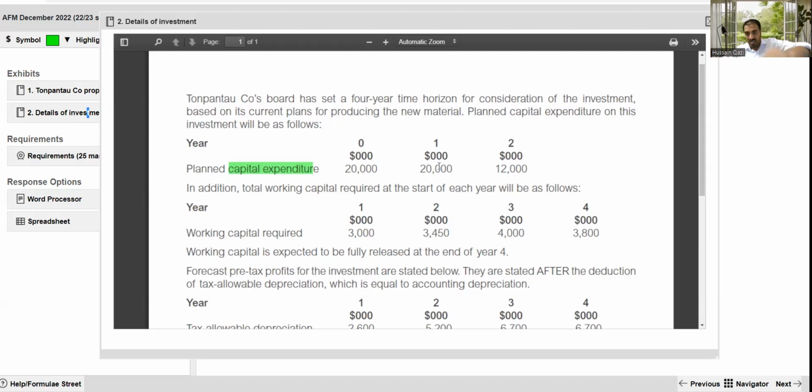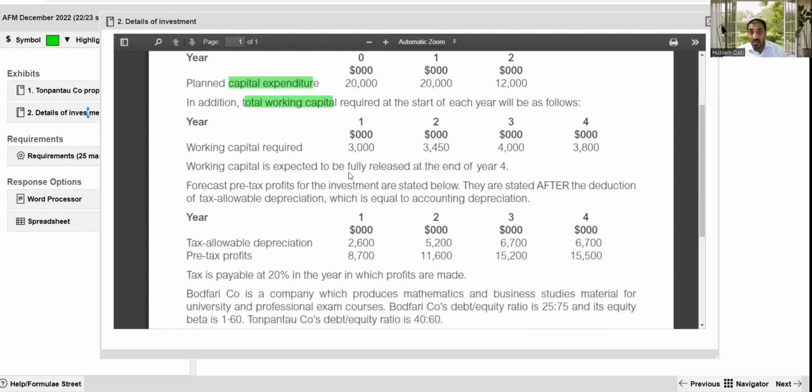Year 1 also investment, year 2 also investment. In addition, total working capital required at the start of each year will be as follows. Working capital required 3 million in year 1, 3450 year 2, 4000 year 3, 3800 year 4. Working capital is expected to be fully released at the end of year 4.